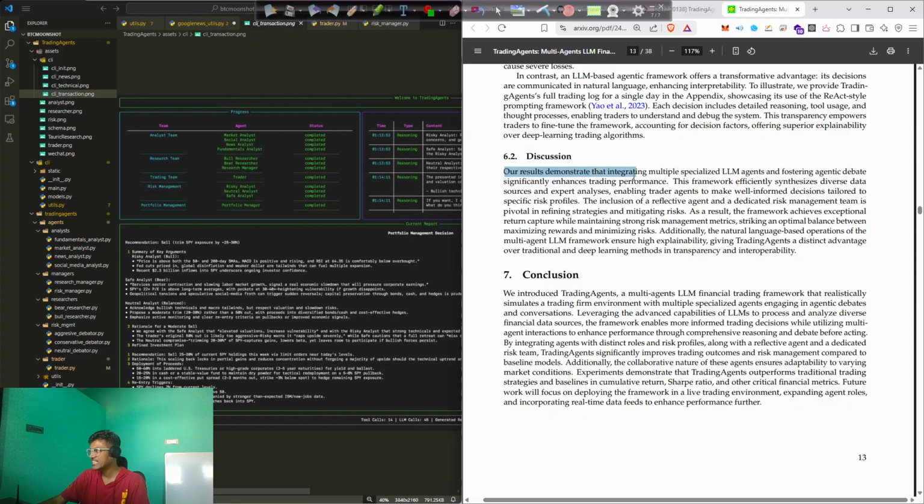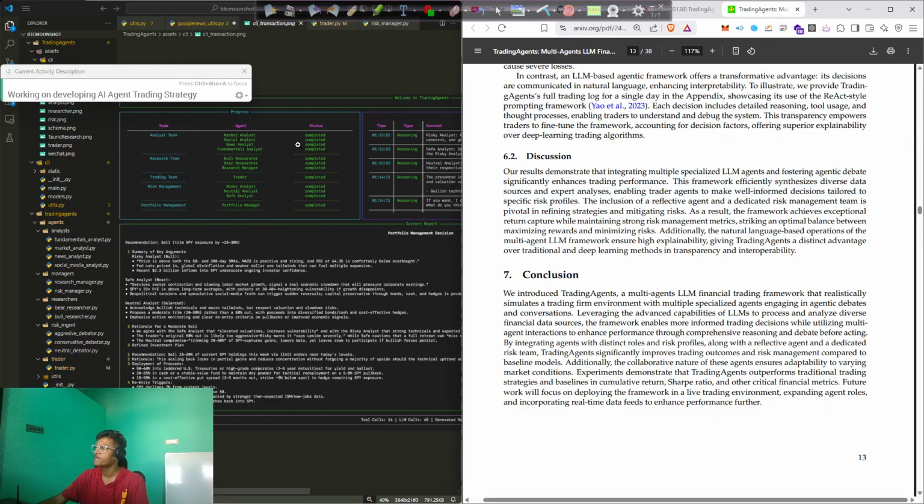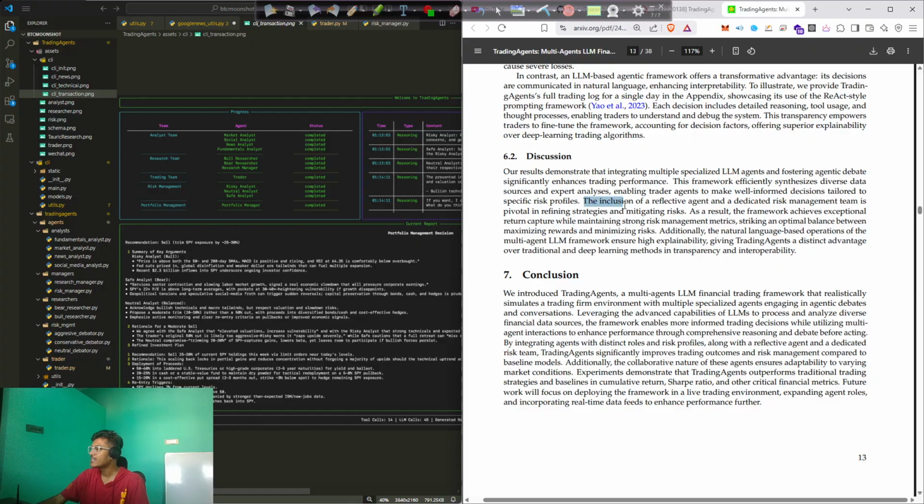Our results demonstrate that integrating multiple specialized LLM agents and fostering agentic debate significantly enhances trading performance. Well, I can see why this could be the case, right? This framework efficiently synthesizes diverse data sources and expert analysis, enabling trader agents to make well-informed decisions tailored to specific risk profiles. The inclusion of a reflective agent and a dedicated risk management team is pivotal in refining strategies and mitigating risks.